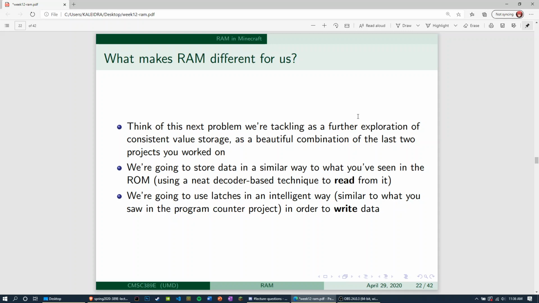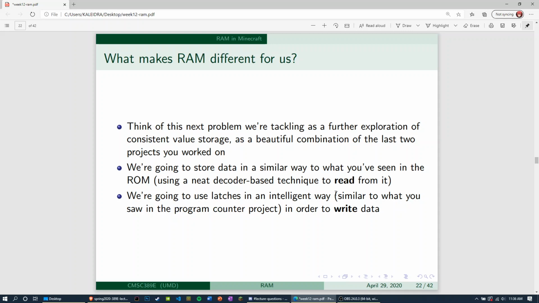We're tackling, as a further explanation of the consistent value of storage, a beautiful combination of the last two projects that we're working on, right? So we're going to store data in a similar way to what you've seen in the ROM, using a decoder-based technique to read from it. However, instead of just using torches, we're going to be using a set of latches in an intelligent way, in order to read and write data.